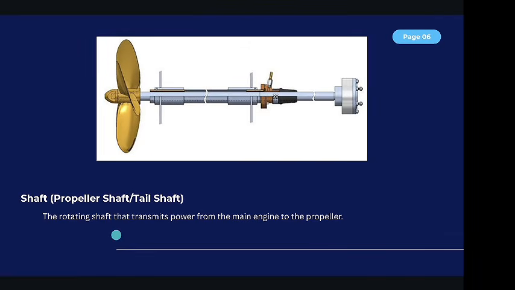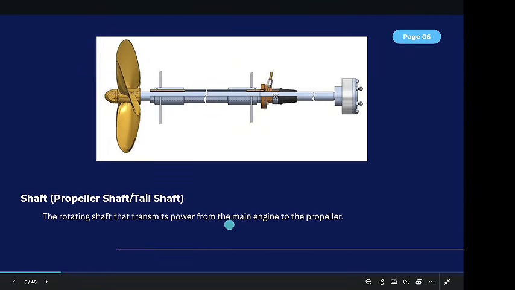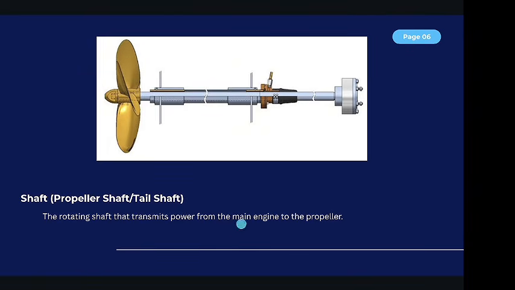Another one that we have here is the shaft, or the propeller shaft, or the tail shaft. This is the rotating shaft that transmits power from the engine to the propeller.